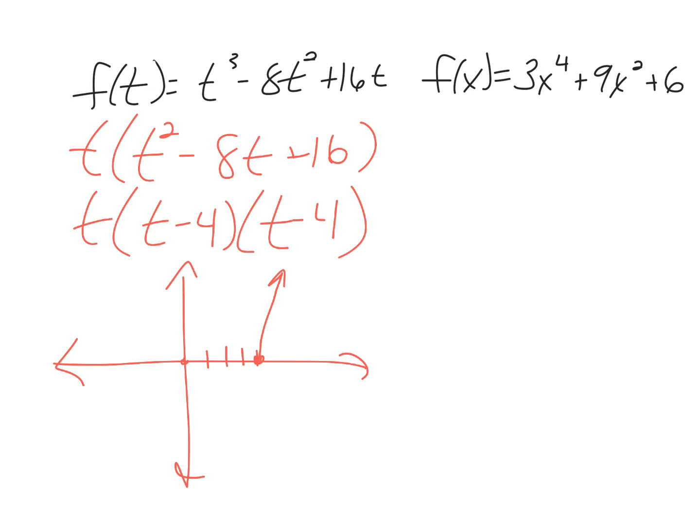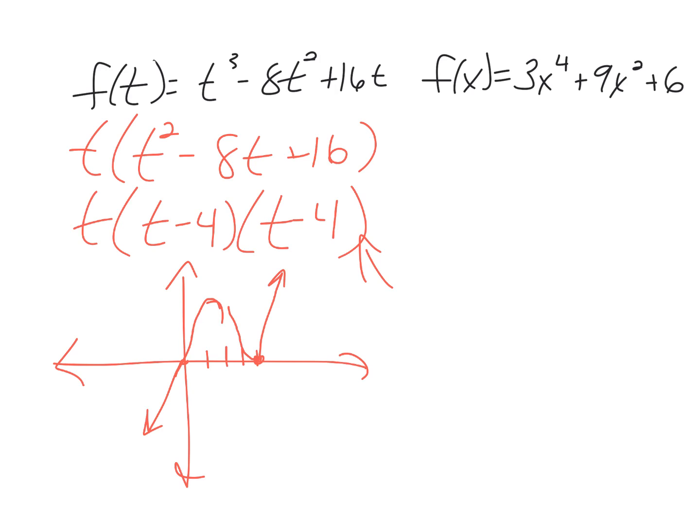When t goes to negative infinity, it goes down. Now, what's happening in between? At t minus 4, we have what's called a multiplicity of 2, because we have two of the same factor. So at 4, it's going to go back up, form what looks like a parabola, and eventually come back down.